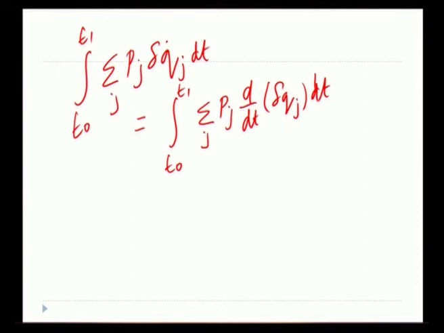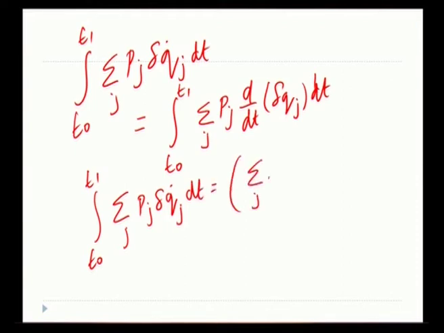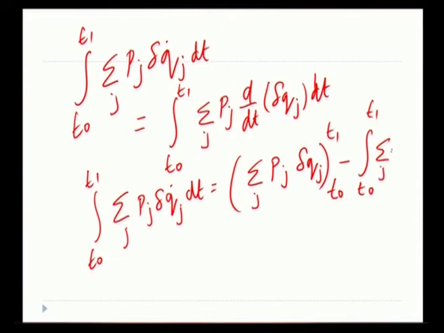Now, integrating the other integral on the right hand side by parts, we get the corresponding equation as summation over j integration between t0 to t1 pj del q dot j into dt is equal to summation over j pj del qj between t0 to t1, minus integration between t0 to t1 summation over j p dot j into del qj into dt.